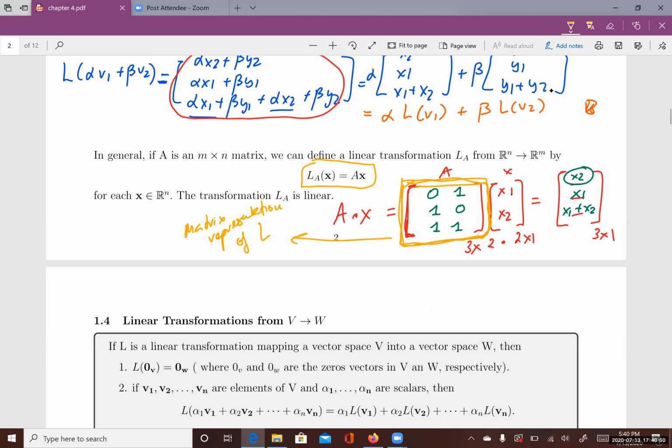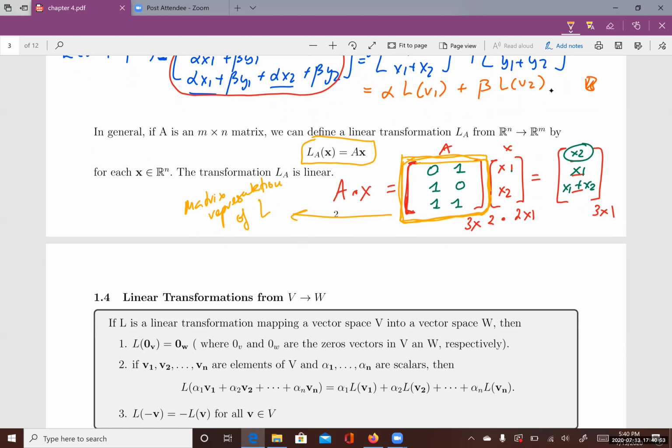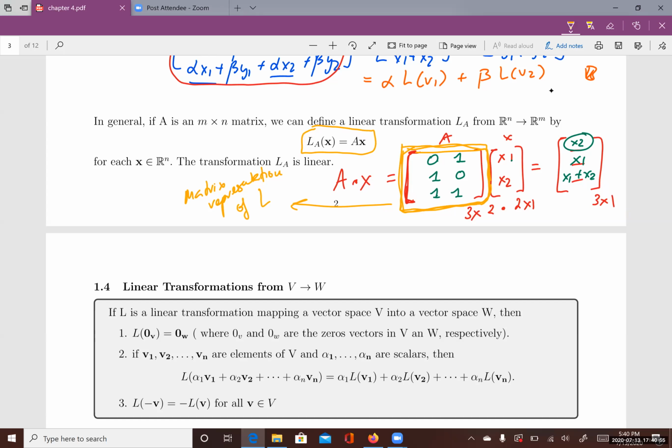Here are some properties of linear transformations from one vector space to another vector space.